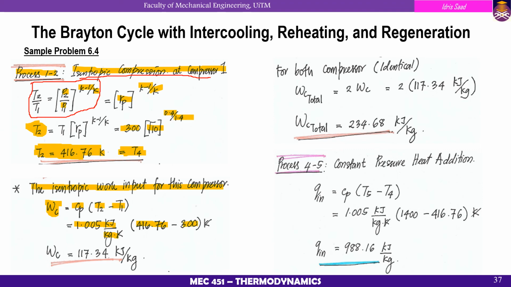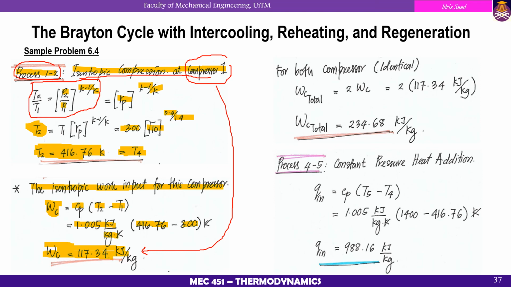Then the work of the compressor is 117.34. Please remember this is for process 1 to 2, for compressor number 1 only, so the power consumed by compressor number 1 is 117.34 kilojoule per kilogram.